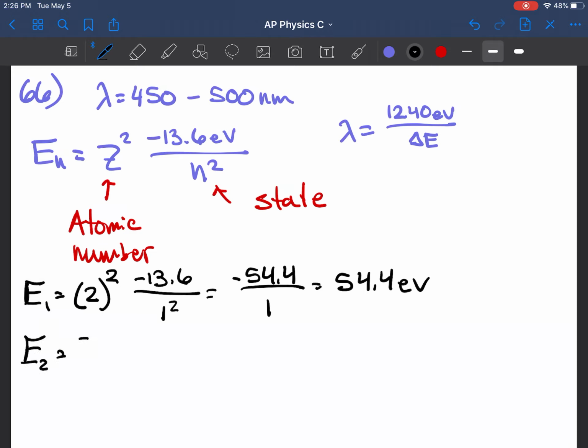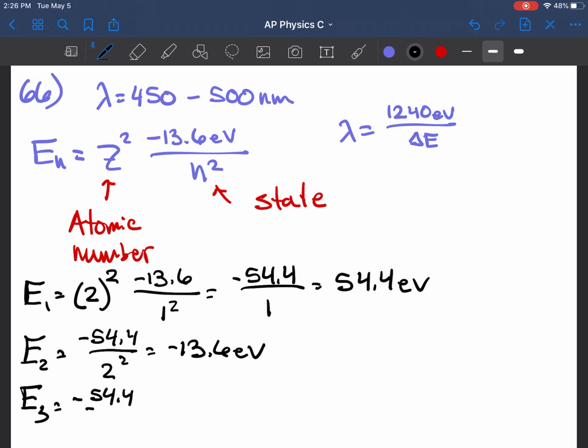What about E2? Well, E2 is going to be negative 54.4 over 2 squared, which gives me negative 13.6 eV. E3, negative 54.4 over 3 squared, so over 9, gives us negative 6.04 eV.